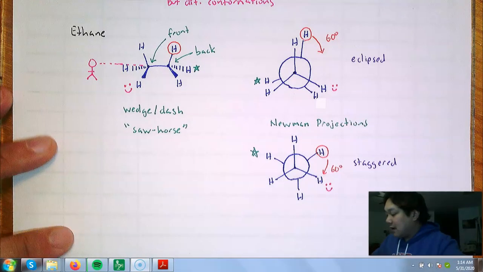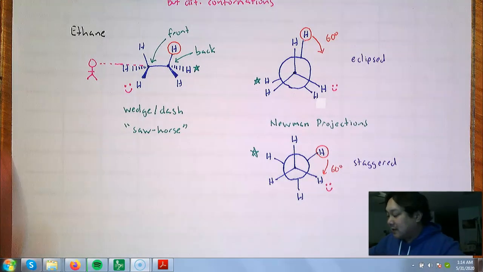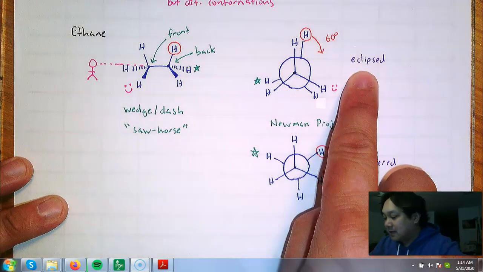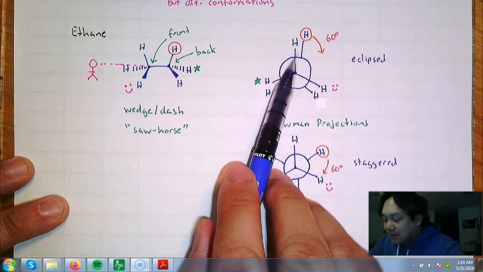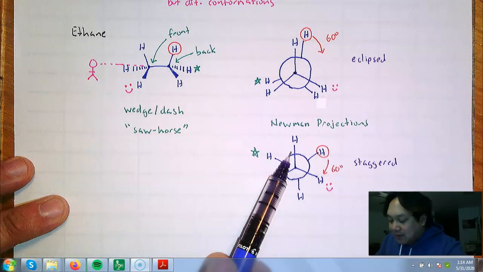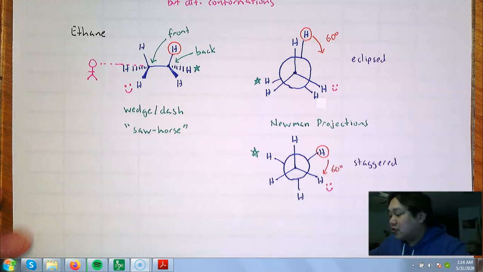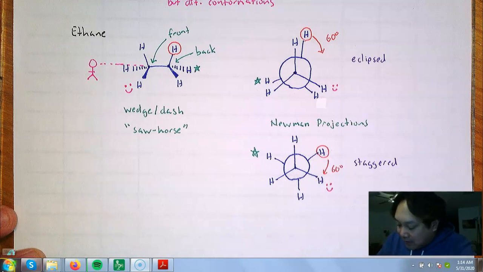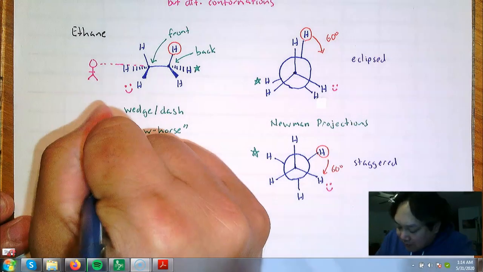Now, why is that the case? That's the case because when you have something eclipsed, these bonds are closer together than these bonds. So we would have some strain. That strain is called torsional strain.